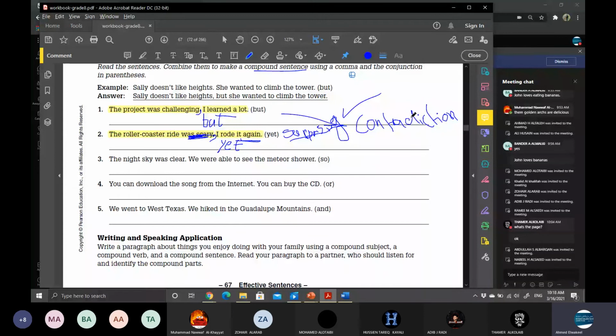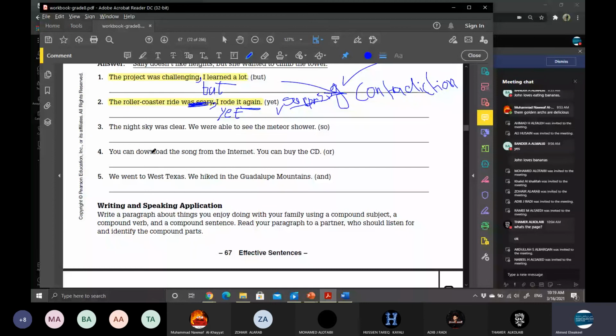But identifies contradiction, and there is no surprising thing in the action itself. On the other hand, yet identifies contradiction also, but the action itself is a surprising one. Something is scary, yet you are doing it again. Something tastes very bad, yet you eat it again. So the difference between using but and using yet is that yet identifies a surprising contradiction.